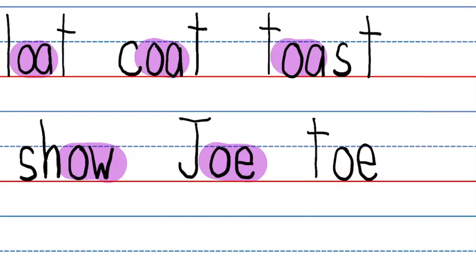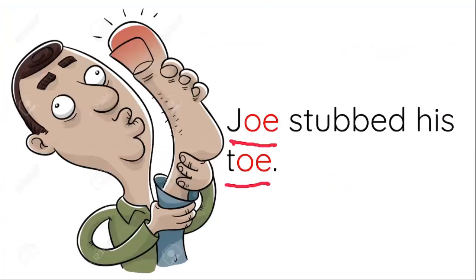Let's go back and just review. Let's go back and look at our, oops, hair drawings. Our visuals. Joe stubbed his toe. We have the O-E that spells the O sound.